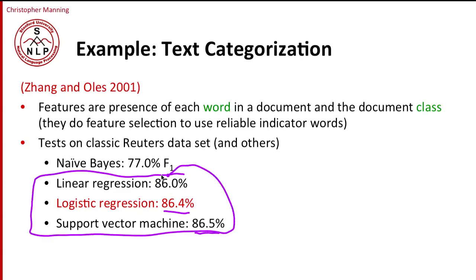So you can see that the big difference here is between the naive Bayes model and all of the discriminative models. All the discriminative models do much better, and in turn the differences between the discriminative models are very small. And so a lot of the time, yes, you want to use an appropriate model, but it doesn't actually matter very much which model you choose. What's going to matter very much more is the quality of the features that you define.